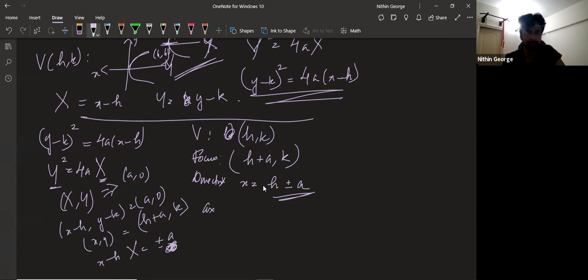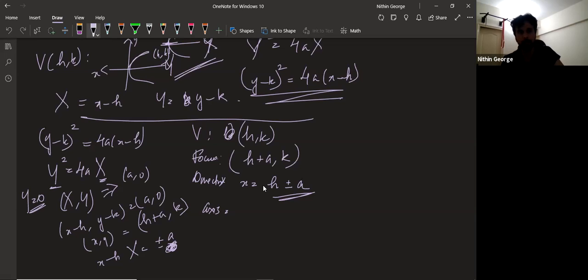What about the axis? Axis is easy. It will be capital Y equal to 0, right? In y square equal to 4x, y equal to 0 is the axis, the x-axis.